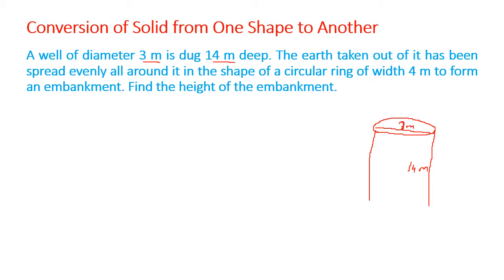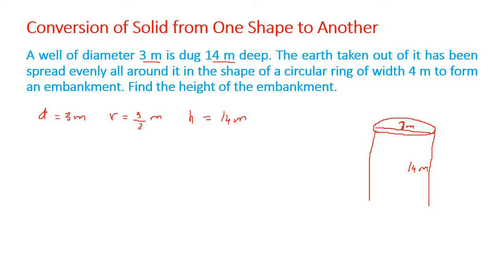So we'll write here: diameter is 3 meter, means the radius is 3 by 2 meter. The depth or the height of the well is 14 meter.